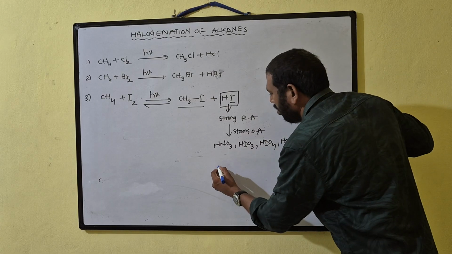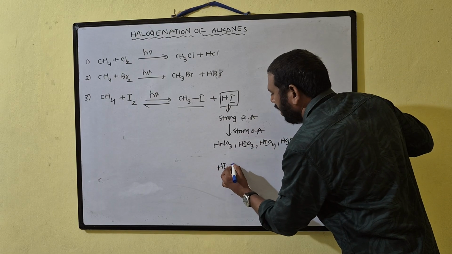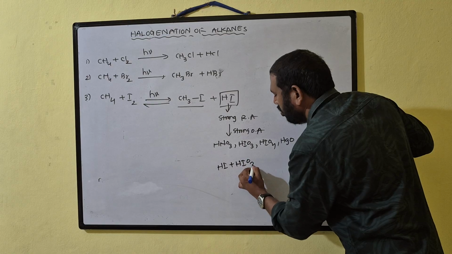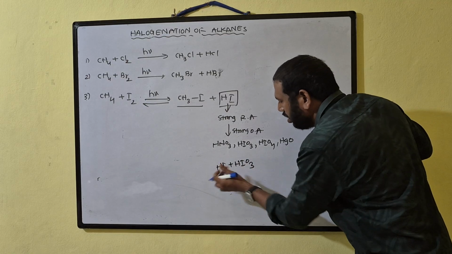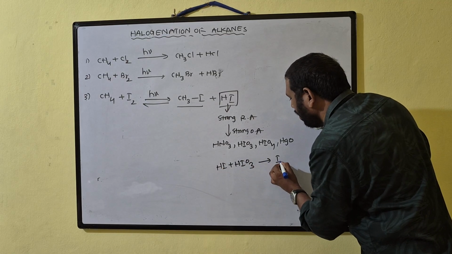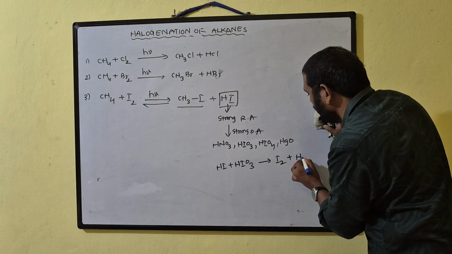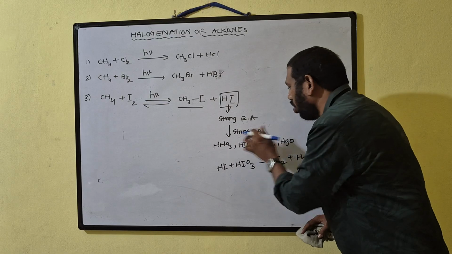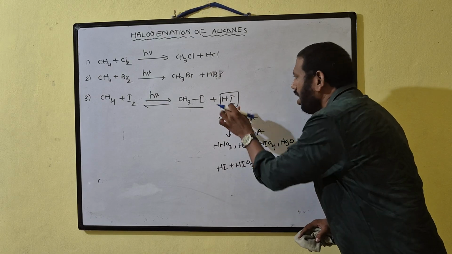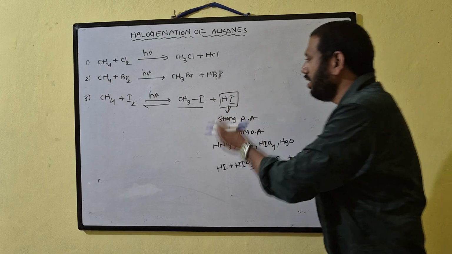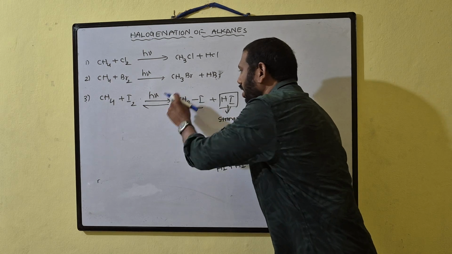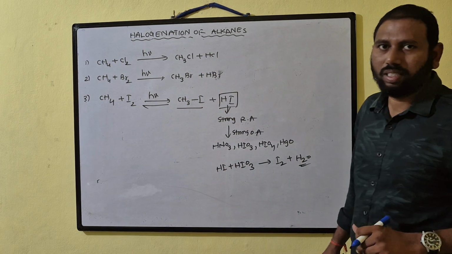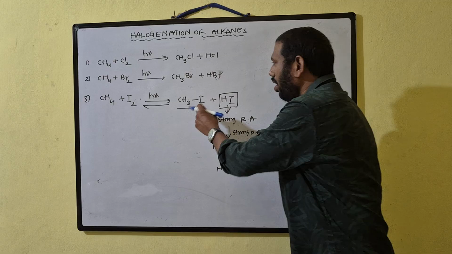For example, HI reacts with HIO3. This oxidizing agent can oxidize hydrogen iodide into iodine, and the byproduct is water. Like this, these strong oxidizing agents can destroy hydrogen iodide and increase the yield of iodoalkane. Right.